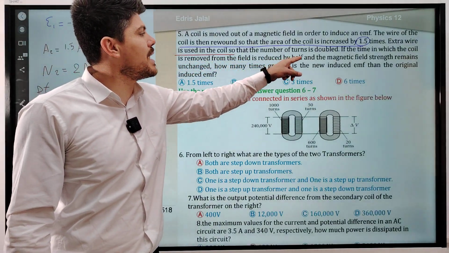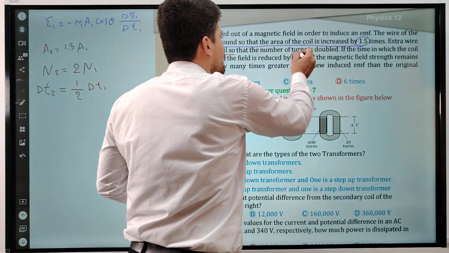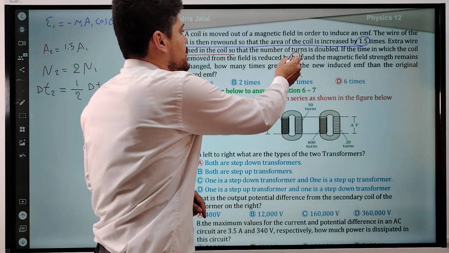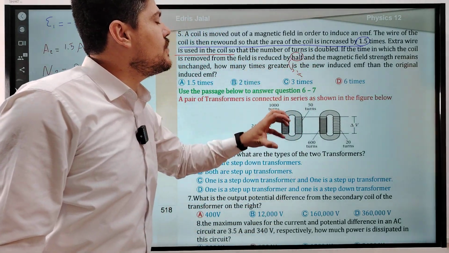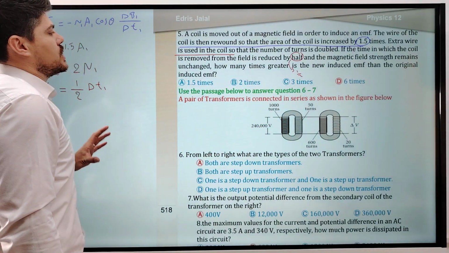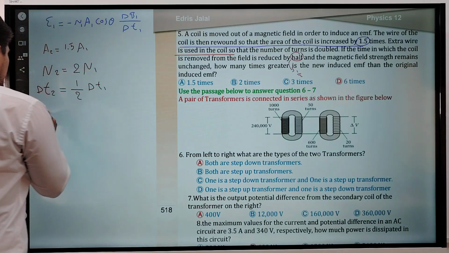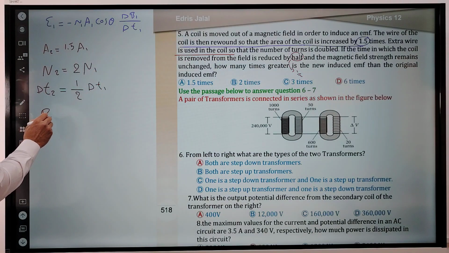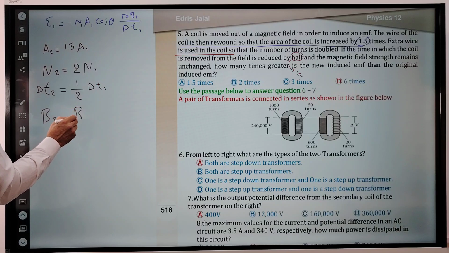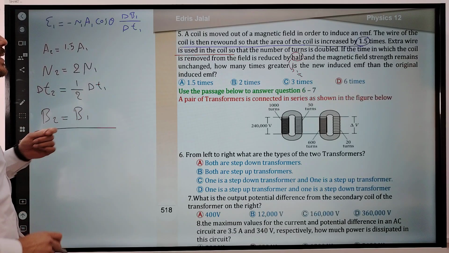What do you mean by half? 1 over 2, okay? The magnetic field strength remains unchanged. B doesn't change. B2 is equal to B1.